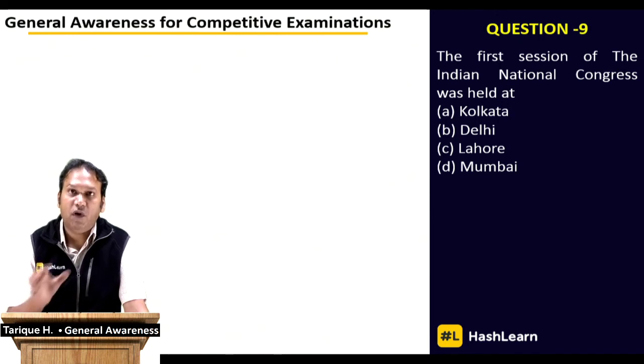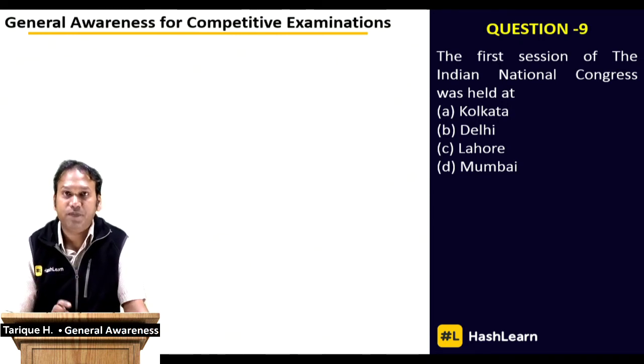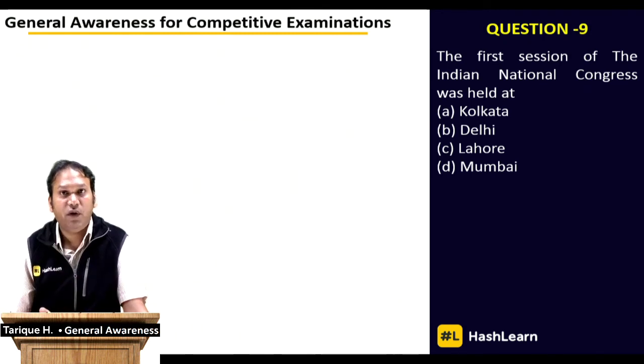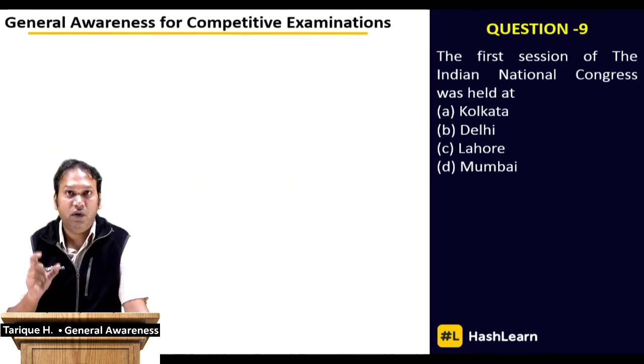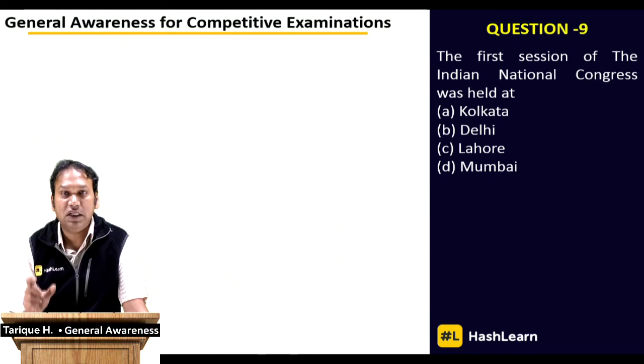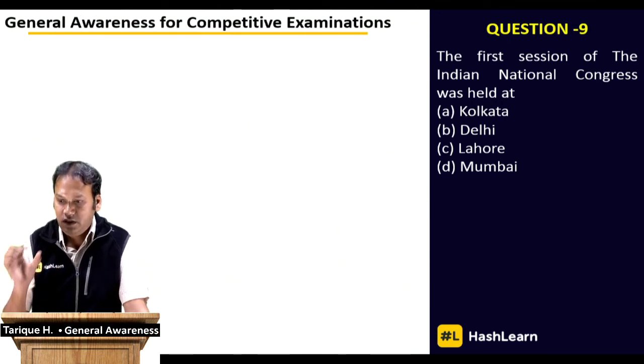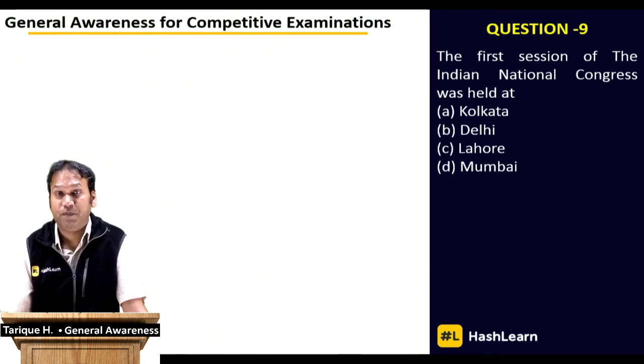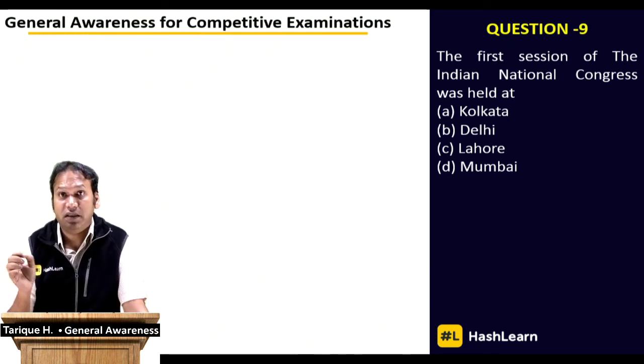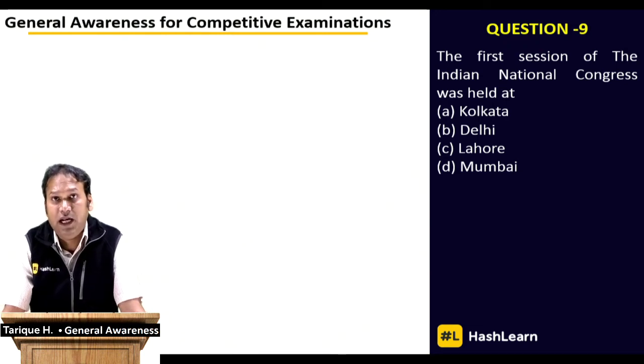Write down the name of all of the important Indian National Congress sessions in one line, in one row. Next to that, you can write down who was the president of Indian National Congress during that particular session. Third, you can write down the year. And fourth, any major decision, policy, or slogan raised in that particular session.